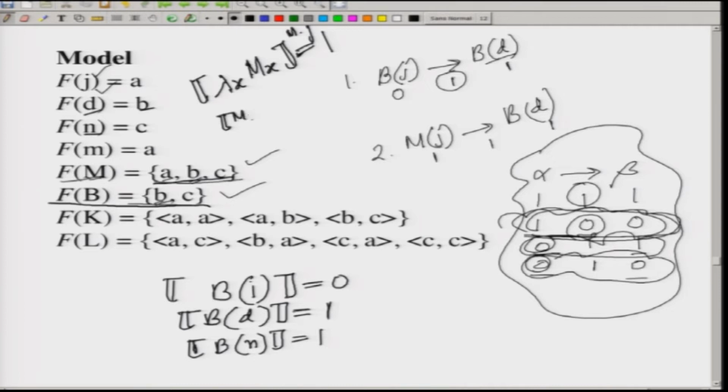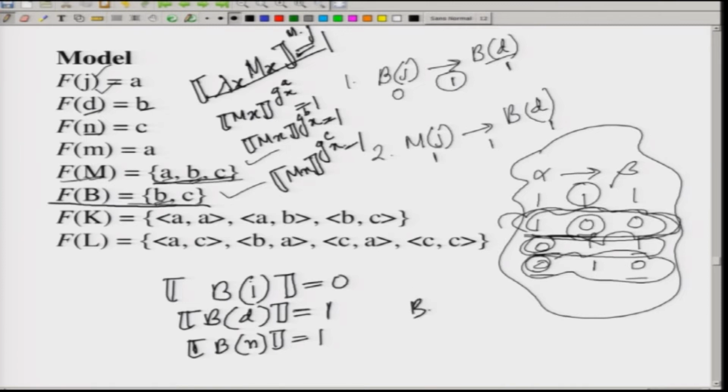You take m x and check all 3 assignments, I am just omitting the model, that is m. So m x g a x is 1, because a is part of it, m x g b x is 1 and m x g c x is also 1. Therefore, these will be 1, but in the case of B, it is 0, because at least one assignment, that is B x with respect to g a x, is 0.